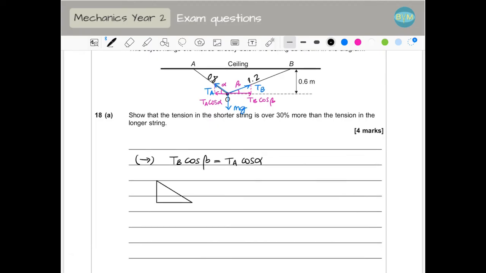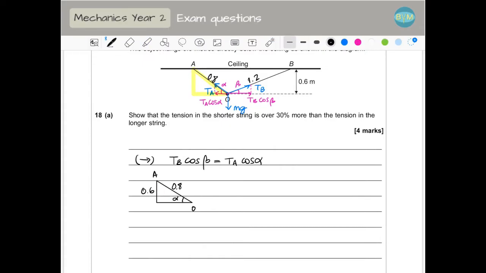So let's look at the A one. This is A, this is O, and I call this alpha. This is 0.8, and I know this is 0.6. So I'm looking at this right angle triangle. I know this is 0.8, this is 0.6.